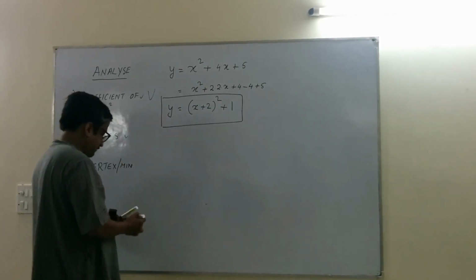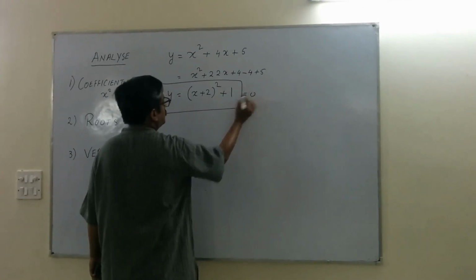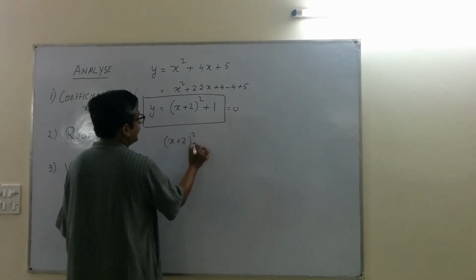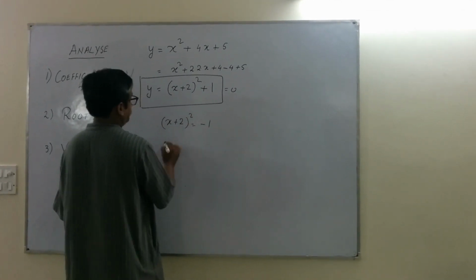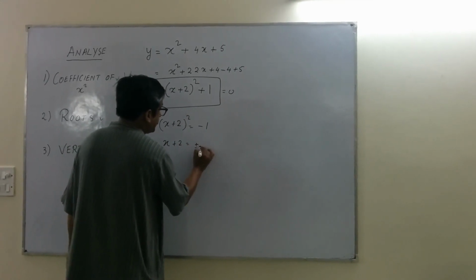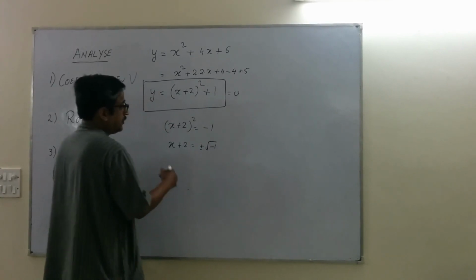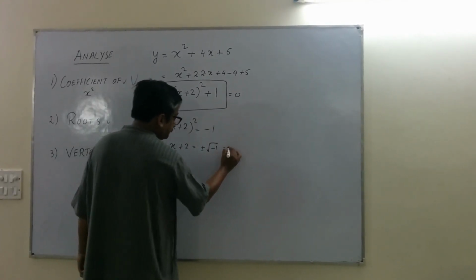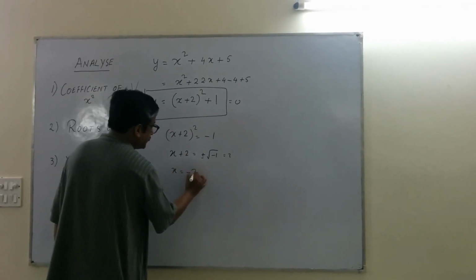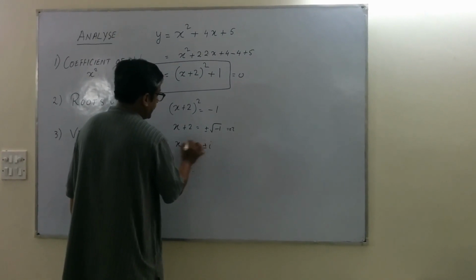Now we come to the second part, the roots. For the roots, I equate this to 0, which gives me x plus 2 whole square equals minus 1. X plus 2 is plus or minus square root of minus 1, which, as we all know, is going to be an imaginary number. So x is minus 2 plus or minus i.